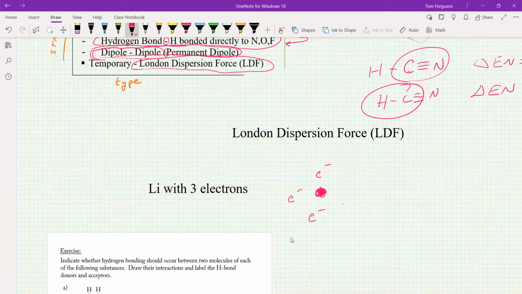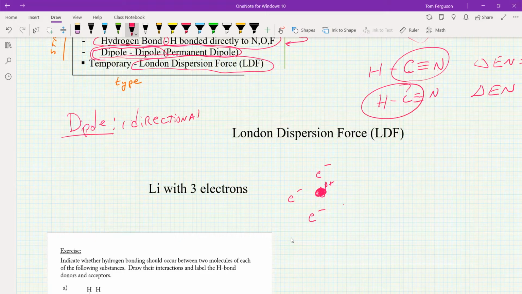And those electrons are never in the same place at any given time. So here we have an electron-proton dipole. We have an electron-proton dipole. We have an electron-proton dipole. Now, the thing you need to know about dipoles is they are directional.